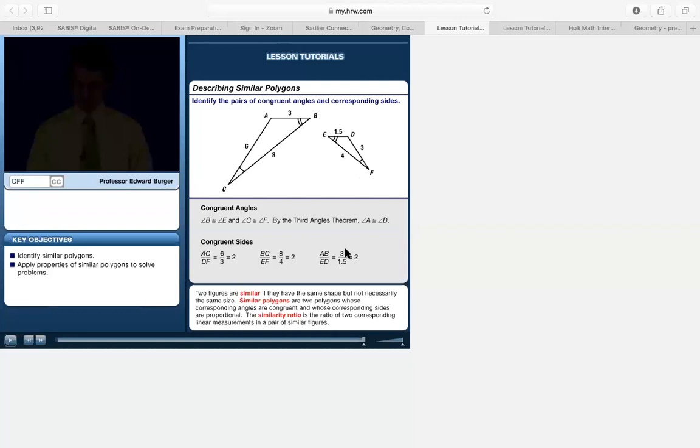Excellent. So the opposite side of C is AB. What is the opposite side of F? ED. Excellent. So the measure of AB is 3 and the measure of ED is 1.5. When you divide 3 by 1.5, it will give me 2.